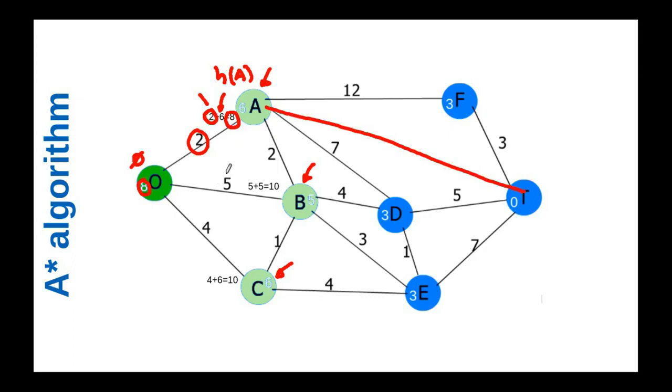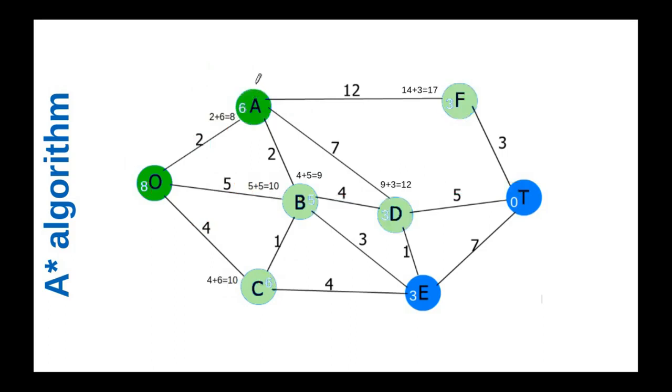Here, it's 5, because the cost of going from O to B is 5. And then you have also a 5, because 5 is the straight line distance from B to T. So it's 10. Then again, here you have a 10, but thanks to another reason. Here we have a 4, the cost, and the heuristics is 6. So the minimum value, because you want the shortest path, the minimum cost path, is 8.